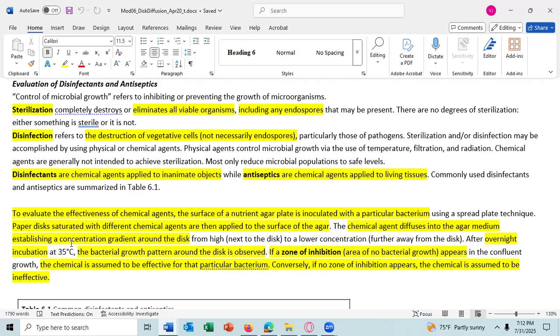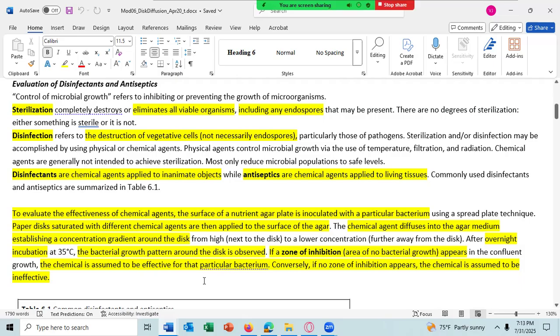After overnight incubation, the bacterial growth pattern around the disc is observed. If a zone of inhibition appears, meaning there's an area with no bacterial growth, the chemical agent is assumed to be at least somewhat effective against that particular bacterium. Conversely, if there's no zone of inhibition, the chemical is assumed to be ineffective.